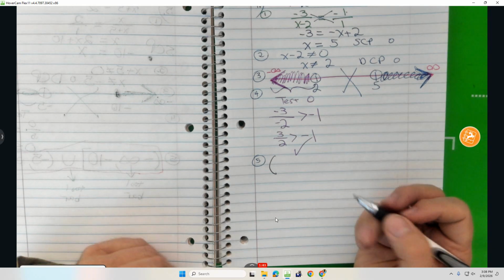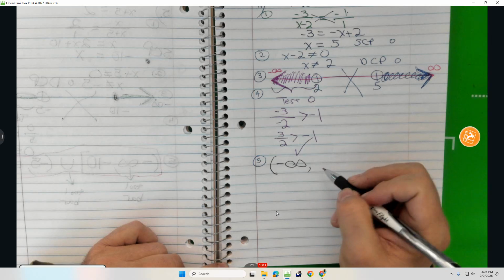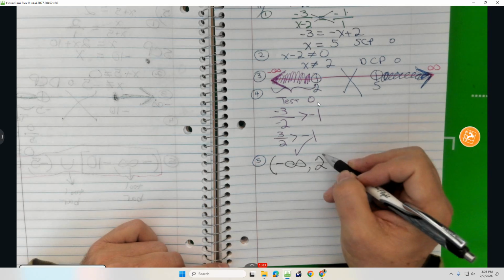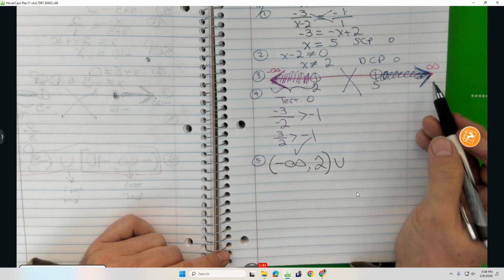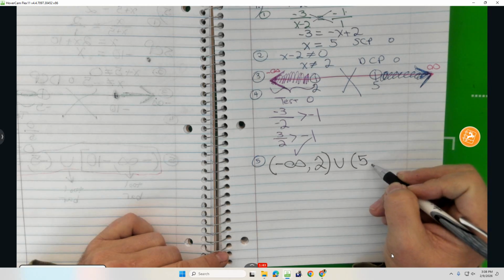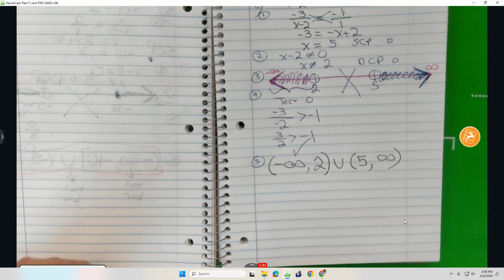And then negative infinity, comma, 2. And don't forget the comma. Close your parentheses. Now the next one. Parentheses, 5, and positive infinity, parentheses.